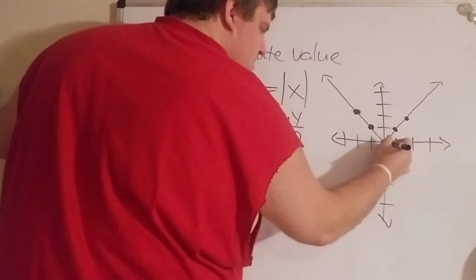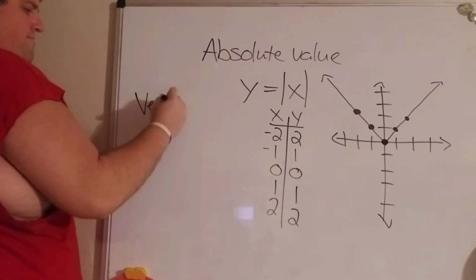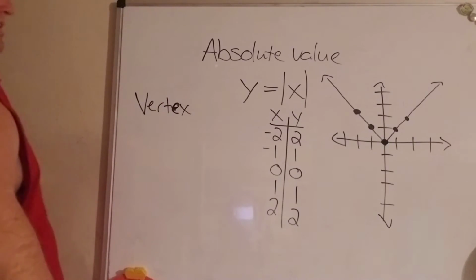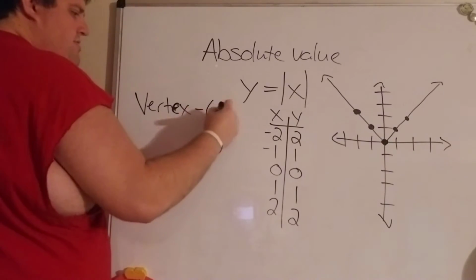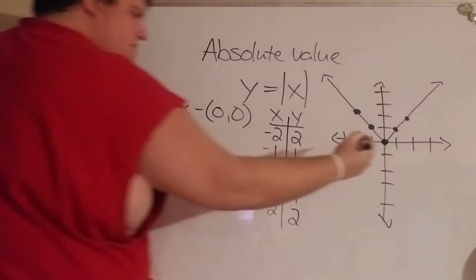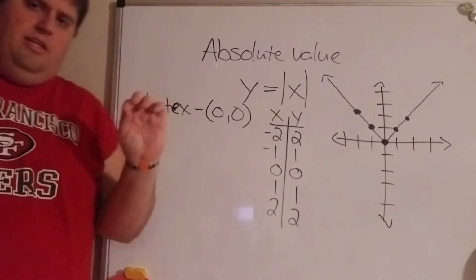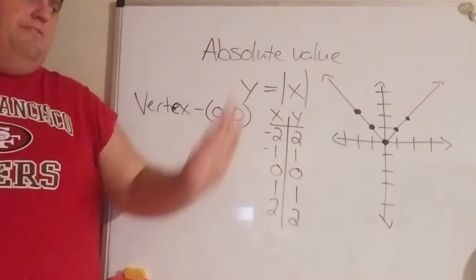First off, every absolute value function has a vertex. Okay? The vertex is kind of like, in this case, it's 0, 0. You guys see this point right here? It's where it switches. It's where it goes from one side and goes to the other side.